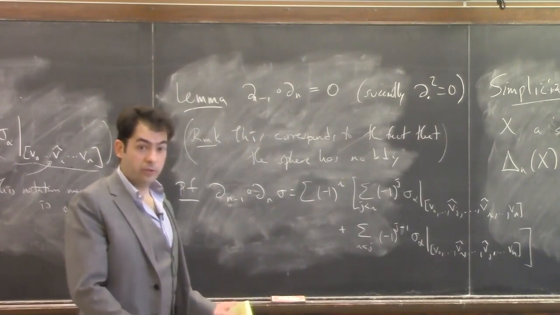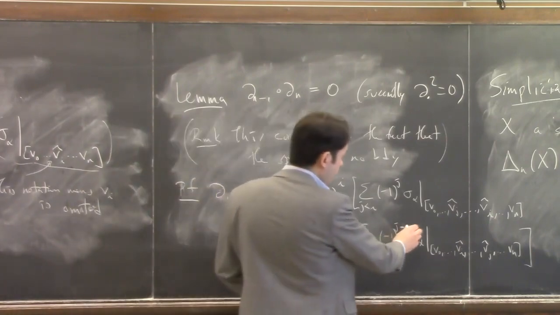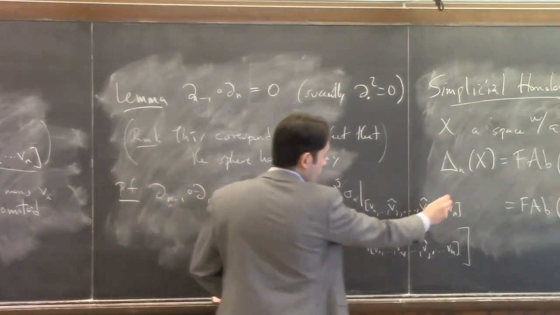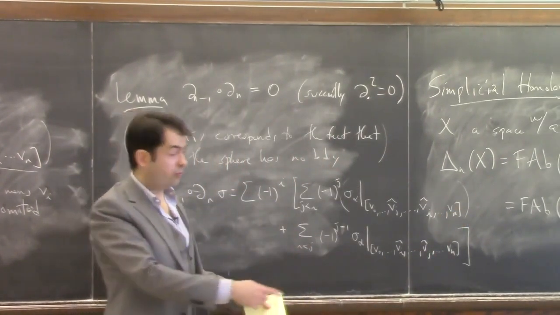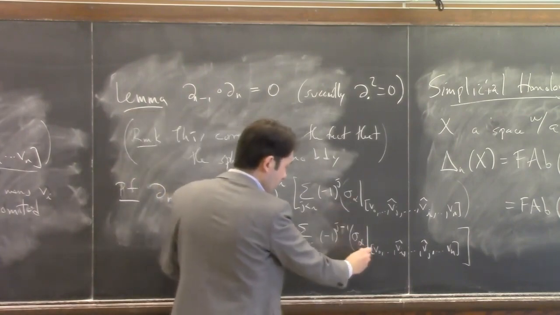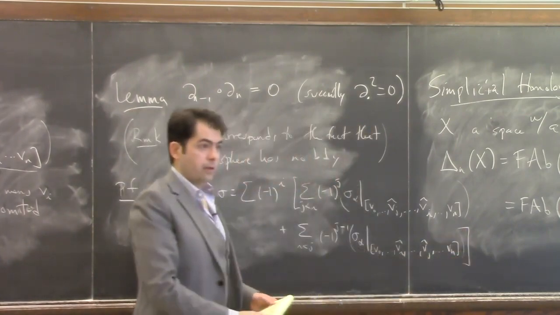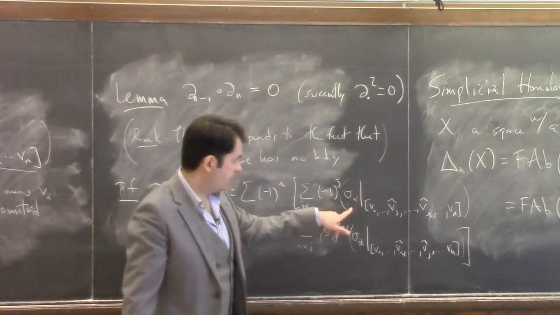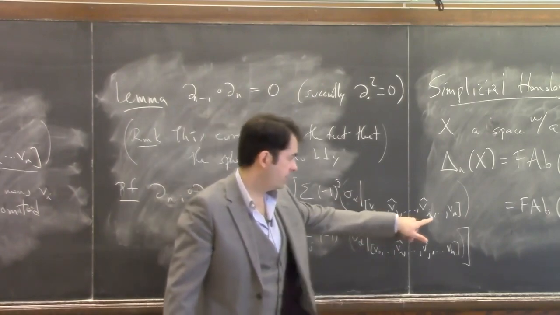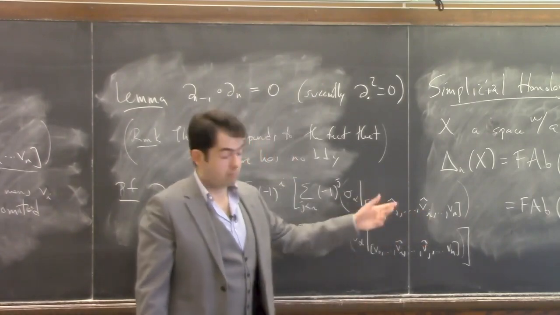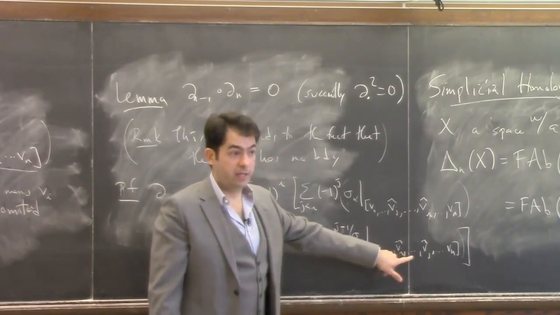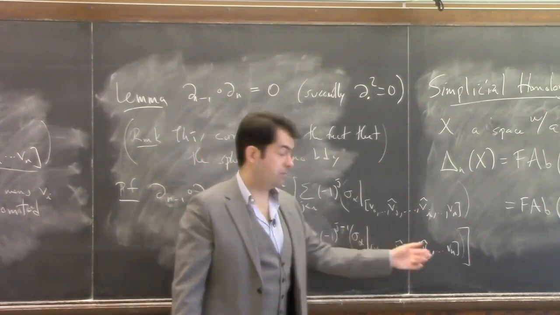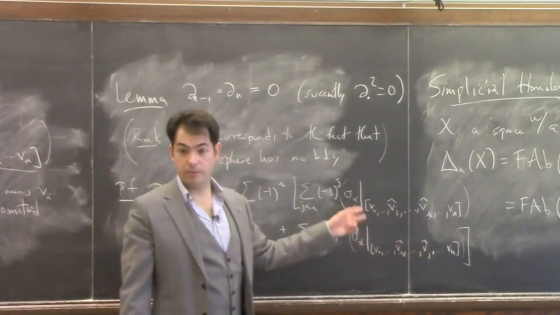Now the thing to note is that each face map of a face map occurs here and here. If I removed the third vertex and the fifth vertex, then here v_i being 3 and v_j being the fifth vertex means that the same face map showed up.